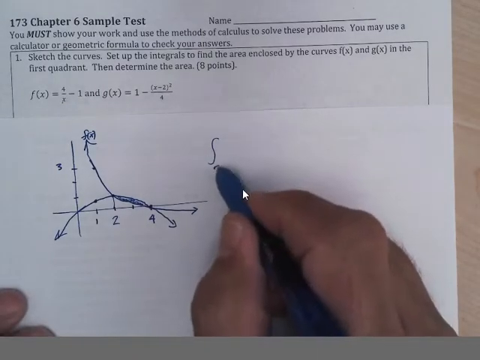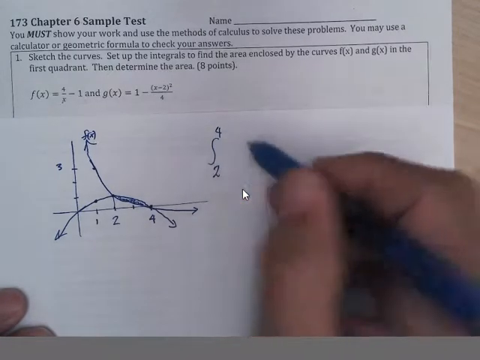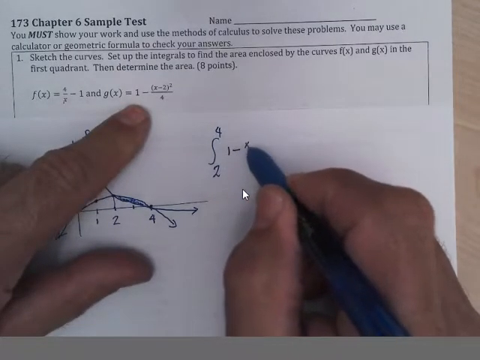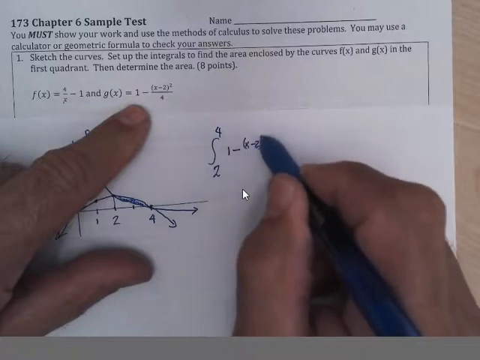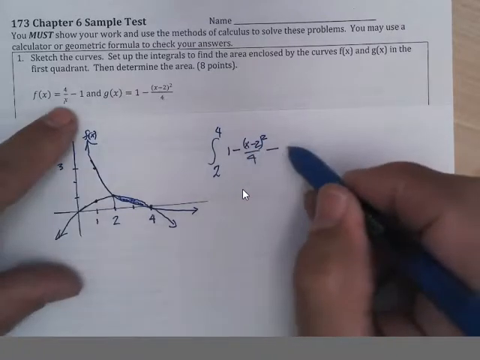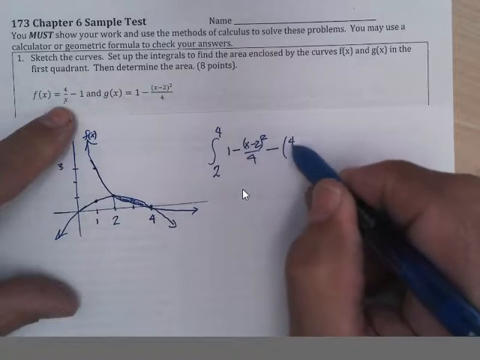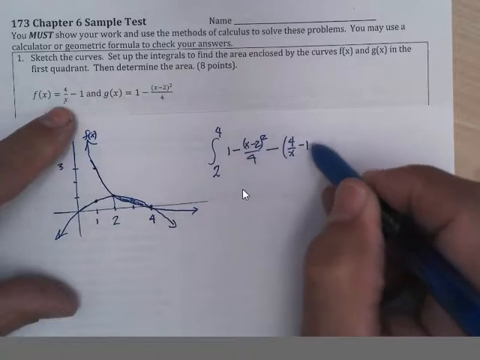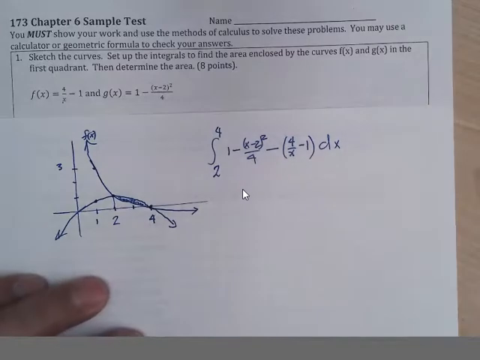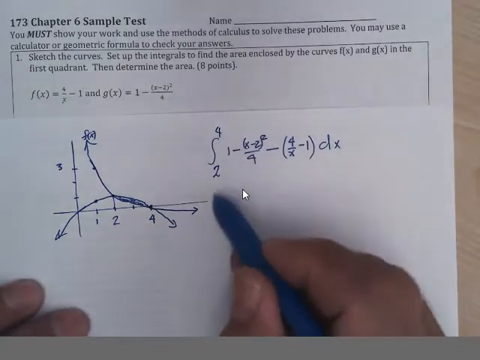So the integral would be from 2 to 4 of G minus F, and you could type this into your calculator. I'm going to do a little algebra here and see if I can get this to work out.